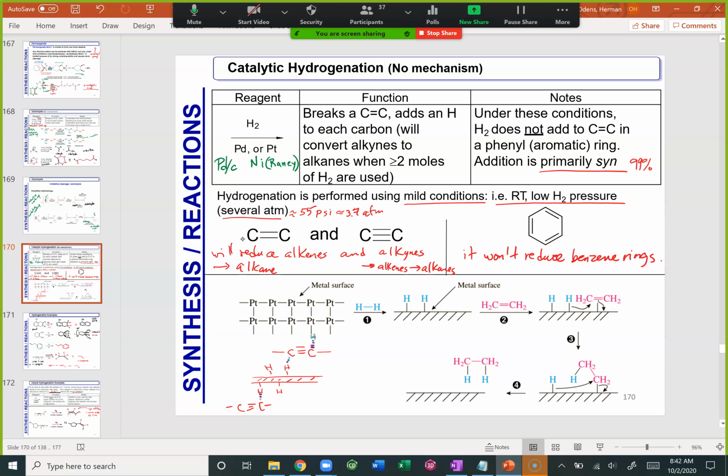What he did was he went to industry and he took nickel and found a way to make holes in the nickel metal. In those little holes, hydrogen will be deposited, like a bubble.